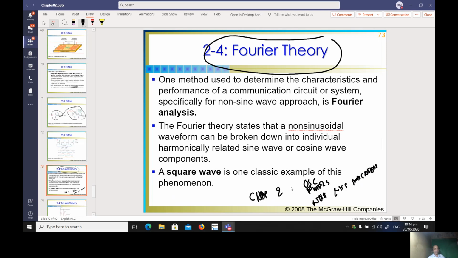So we tackled a lot: different types of filters and different types of oscillators. Both are used in transmitters as well as in receivers. We are very familiar with this, we only differ in the current rating, wattage rating, and voltage rating.